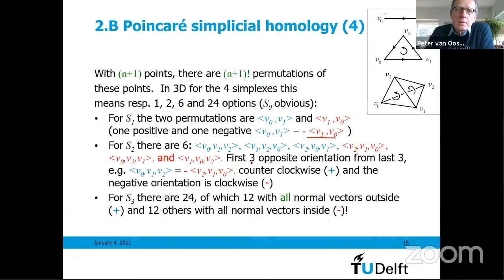I made the first 3 blue in the slides and the last 3 red, because the first 3 have the same orientation and the last 3 have the same orientation. With a triangle, that means either clockwise or counterclockwise orientation.